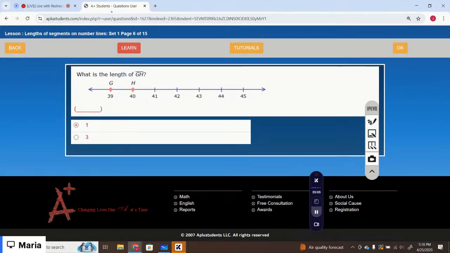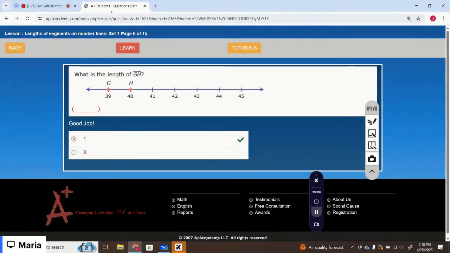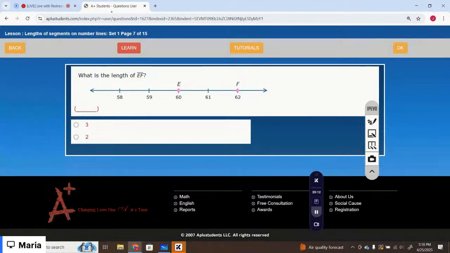That is 1 unit. Option number 1 is the correct option. What is the length of EF?